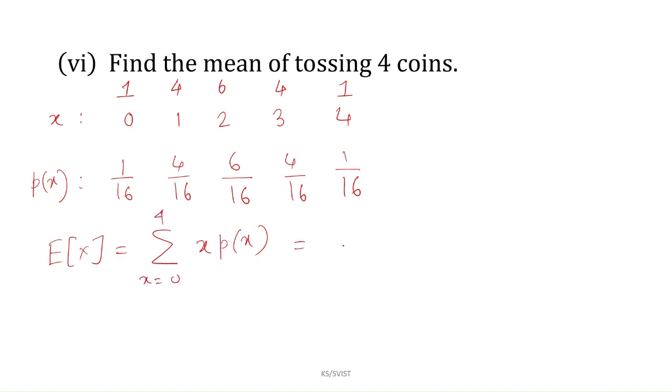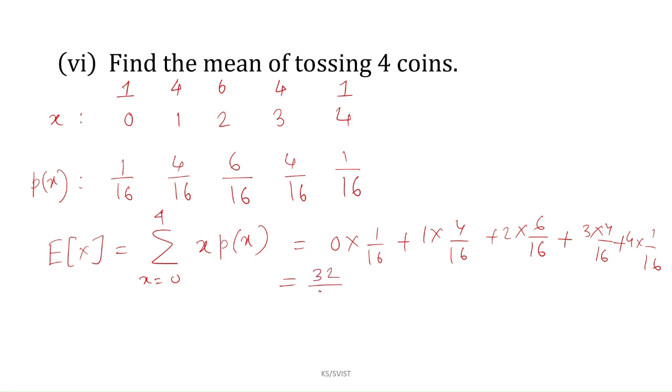Now this is 0 into 1 by 16 plus 1 into 4 by 16 plus 2 into 6 by 16 plus 3 into 4 by 16 plus 4 into 1 by 16. This is 0 and here it is 4, 12, 12, 4. So total 32 by 16, that is 2. 2 is the required mean.